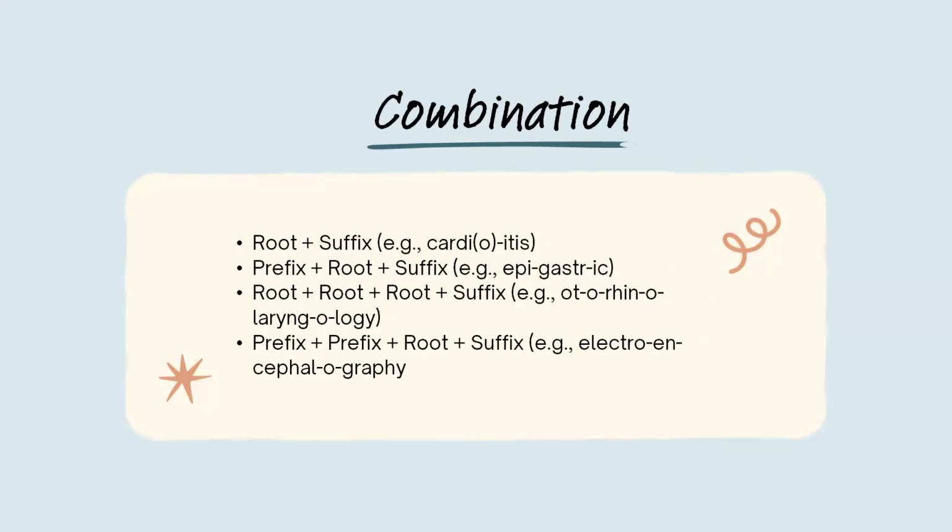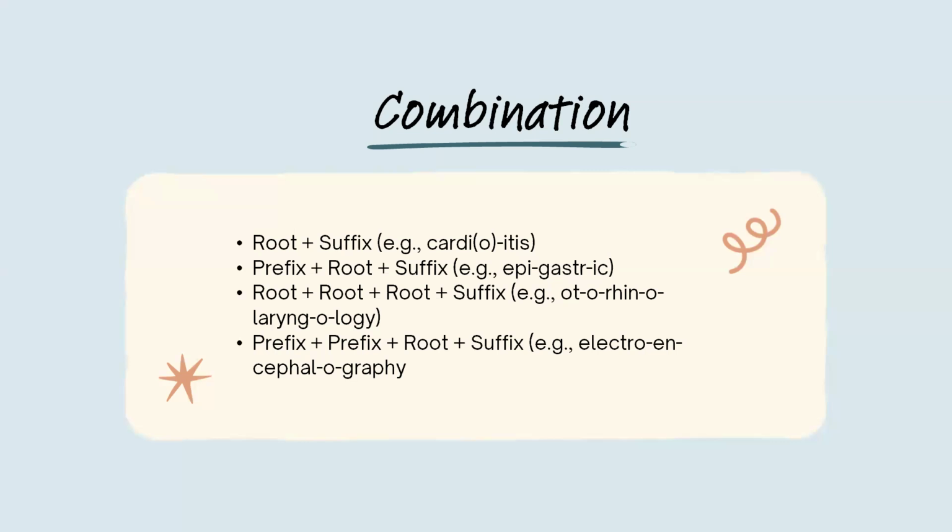How can we make medical terminologies so different by combining root, suffix, and prefix in different manners? We can create medical terminologies. The first one is to add a suffix to a root, root plus suffix. For example, carditis.